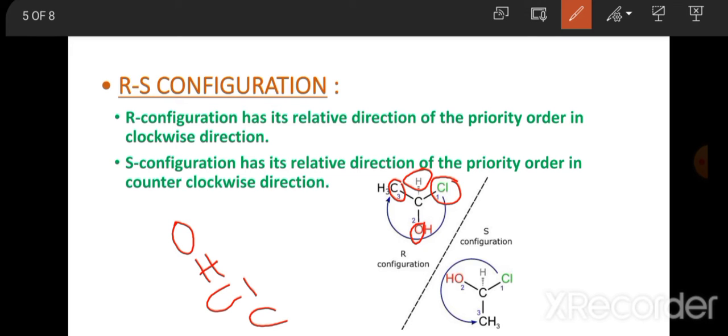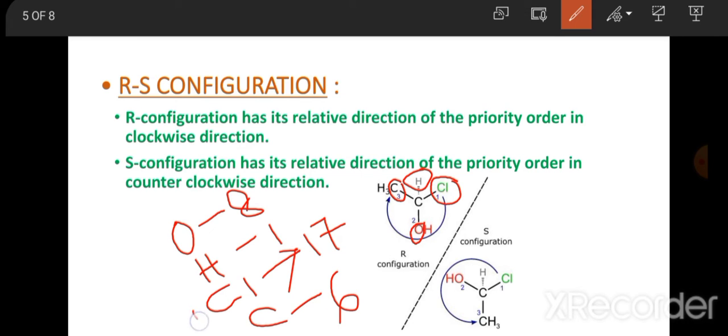Here we see the higher atomic number: chlorine 17, oxygen 8, carbon 6 and hydrogen 1. So the order is chlorine 1, oxygen 2, carbon 3 and hydrogen 4.